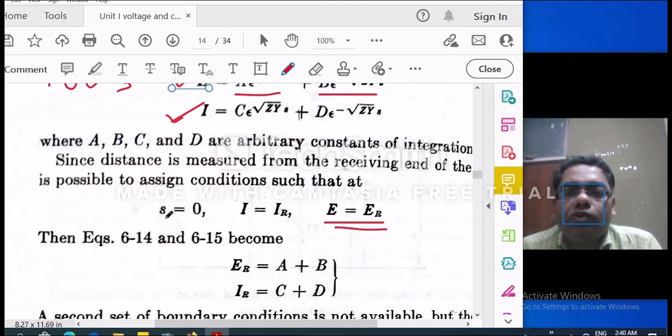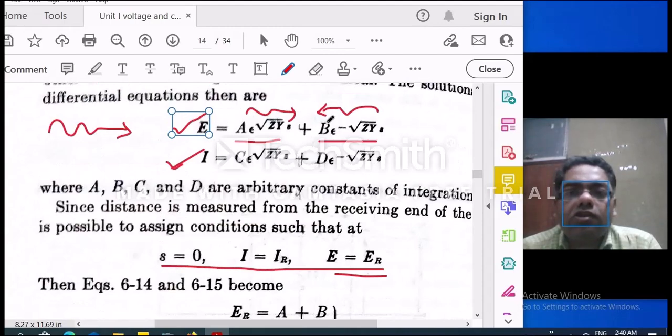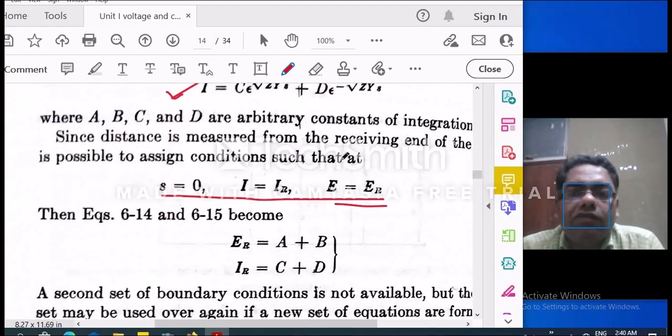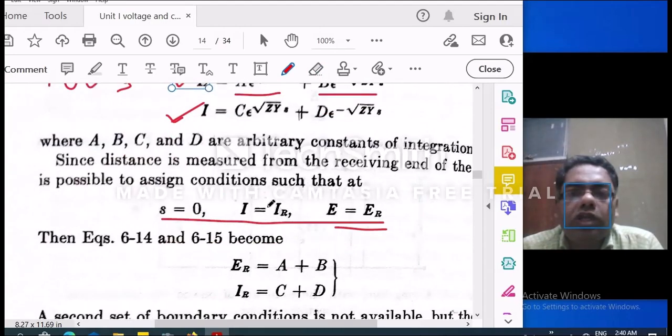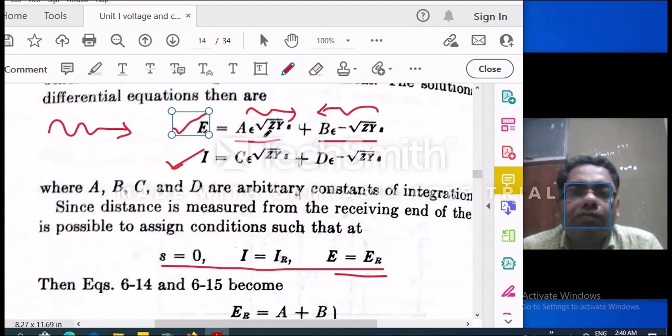So putting this condition in these equations of E and I, we obtain ER. We are just putting S equal to 0 here. So e to the power 0 is 1, so this exponential term will not be there.